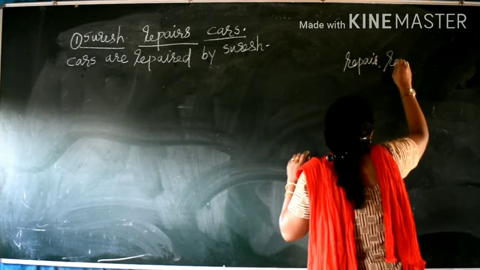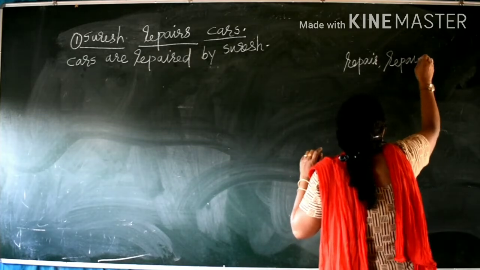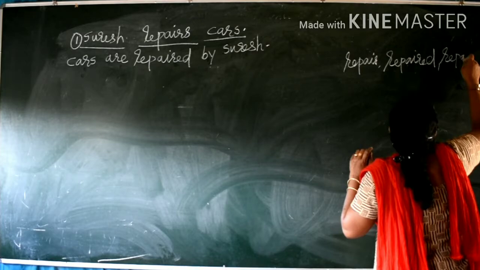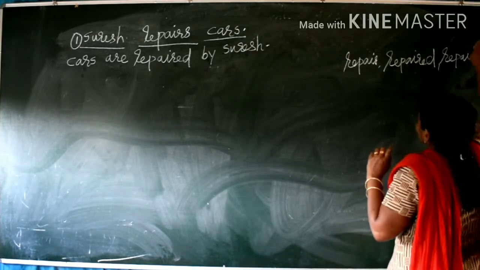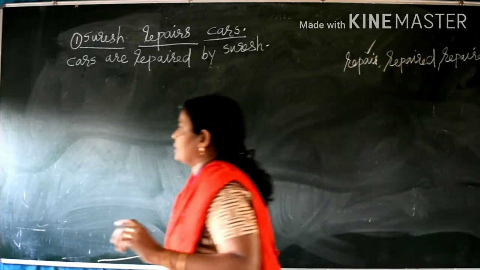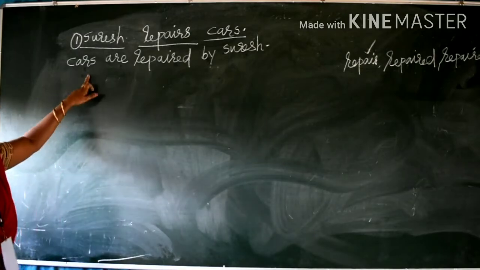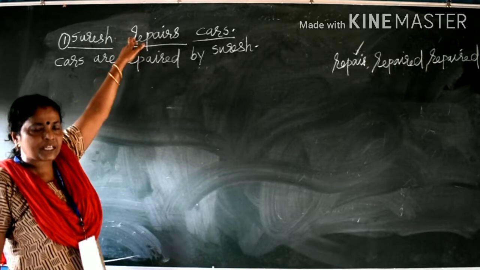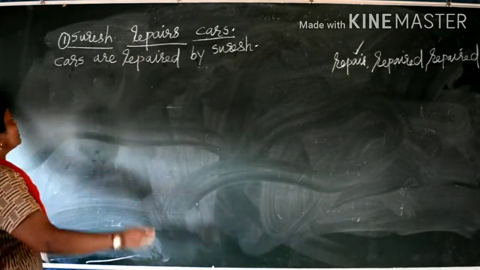Repair, repeat. So it is the first form, that is why it is simple present tense. Now present continuous tense. I will change the same sentence into present continuous tense.